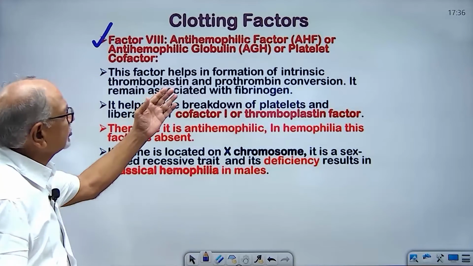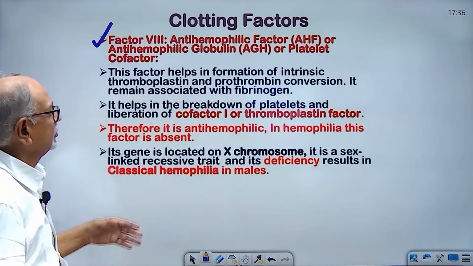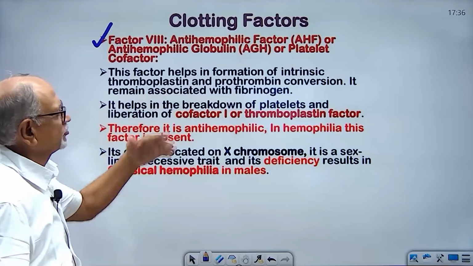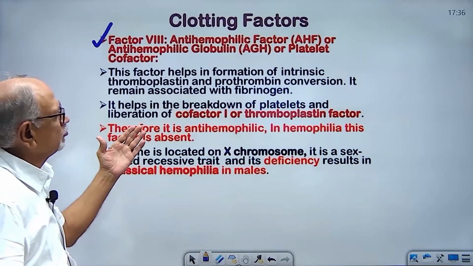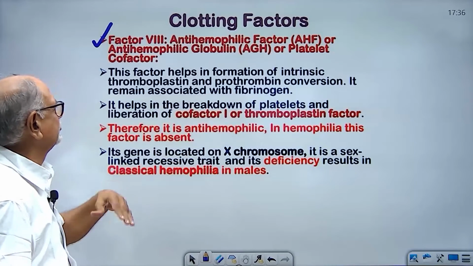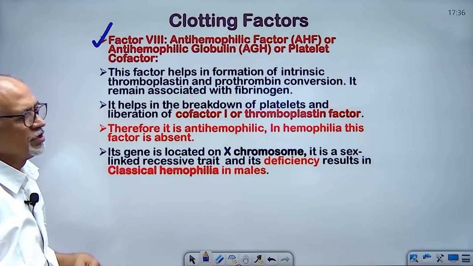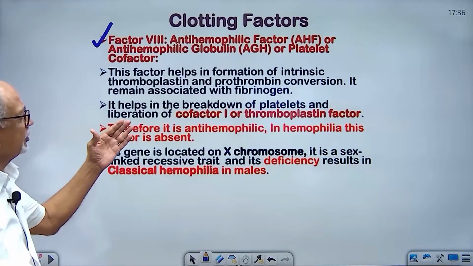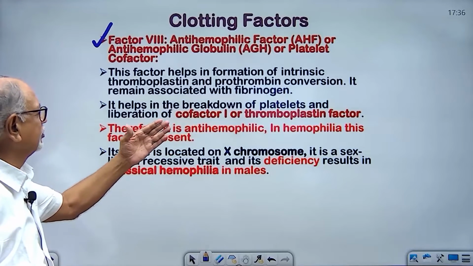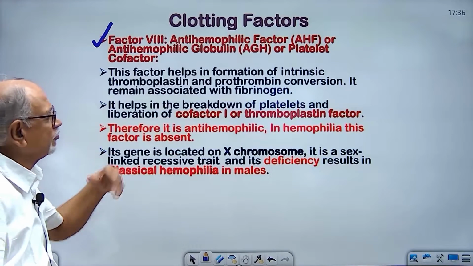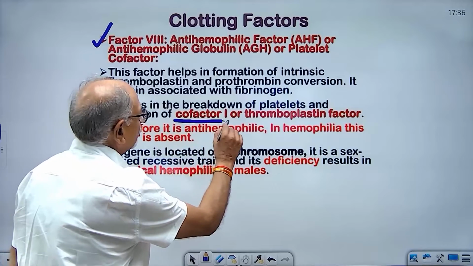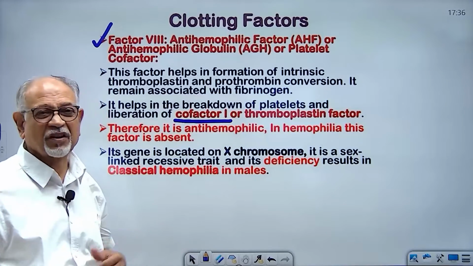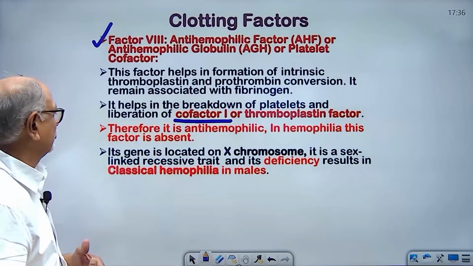Now this factor helps in formation of intrinsic thromboplastin and prothrombin conversion. It remains associated with fibrinogen. It helps in the breakdown of platelets and liberation of cofactor 1 or thromboplastin factor.